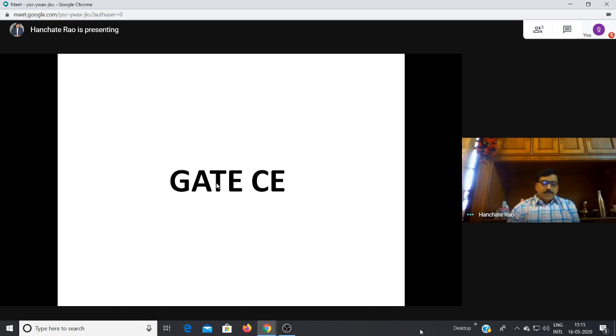No, it's not correct. What you are saying is not at all correct. You are saying that a beam of span L is of RCC and half the length of the beam has collapsed, and in the collapsed portion you want to put a wooden beam.